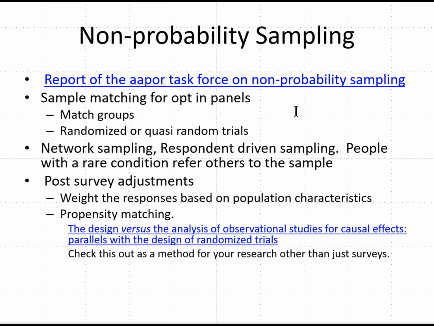When you can't use randomization, whether or not you're doing a survey for your dissertation, you should check out this method for whatever your dissertation study is about. It is a solid method that has been used in medicine quite a bit, and it will help you balance your groups. If you're testing one kind of treatment or one kind of approach versus another, it helps you balance your sample.